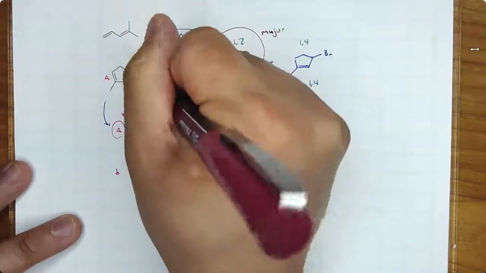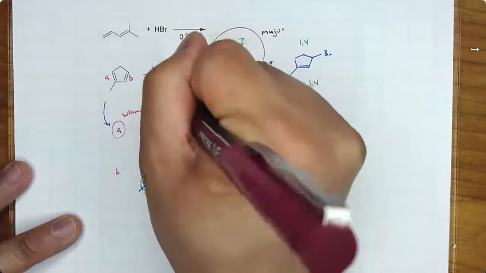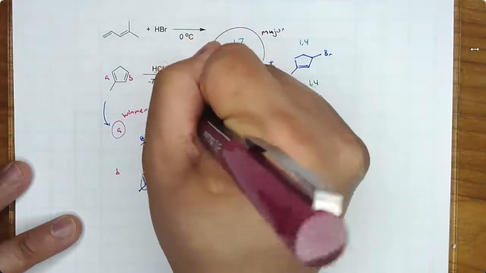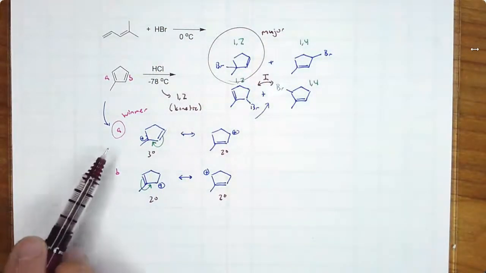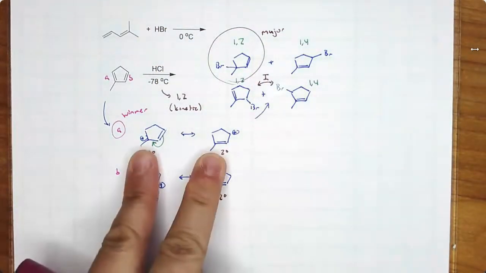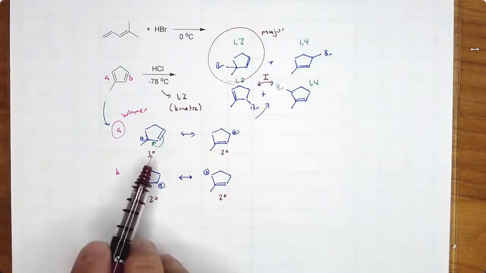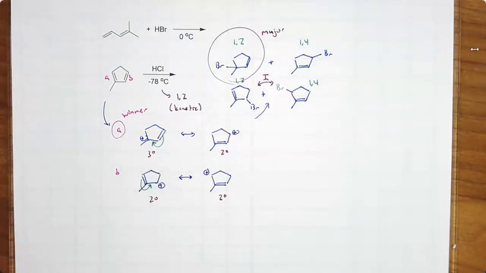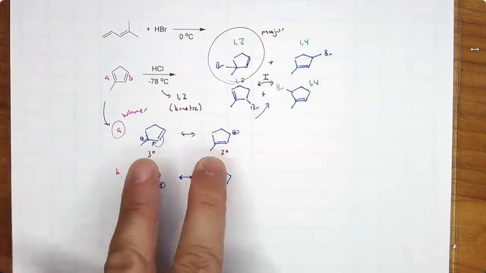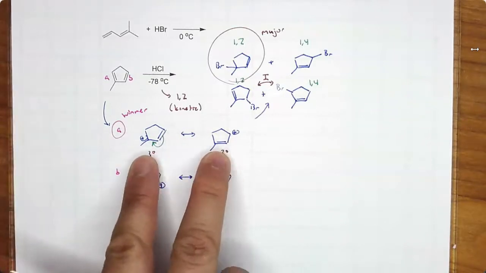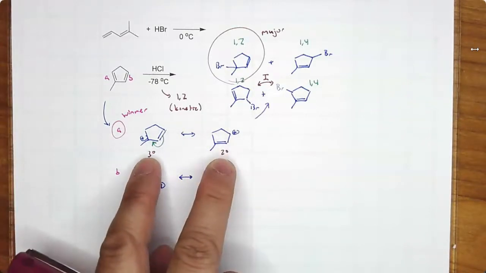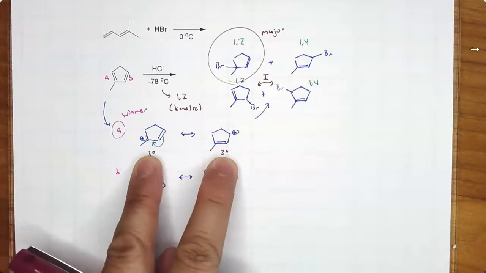It is the 1,2 or the kinetic product coming from the more stable carbocation. Not the most stable overall, okay? The stable contributor, stable hybrid. So you are analyzing, or you are combining both of these.